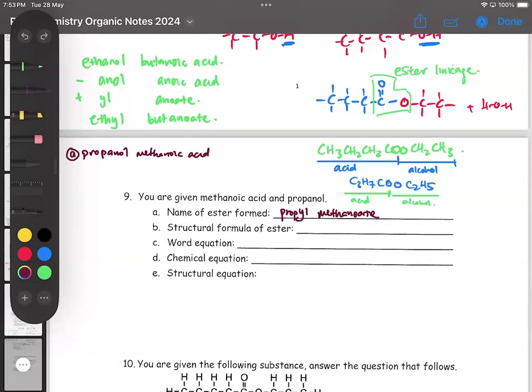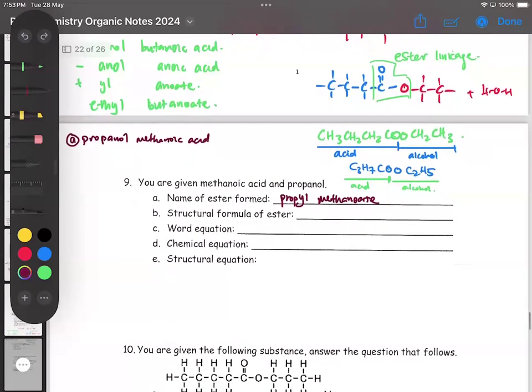Right. So structural formula of the ester here. So for part B, this is the methanoic acid. So I'll draw the methanoic acid first, and then we have the propanol.